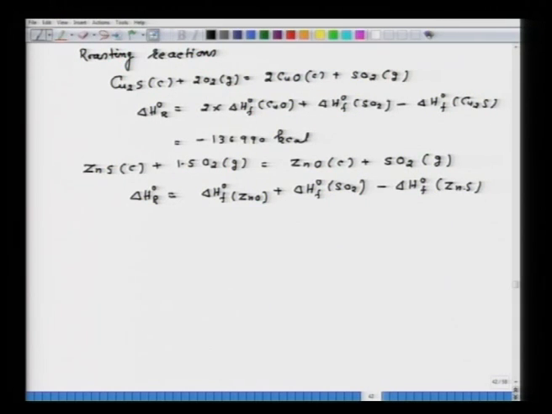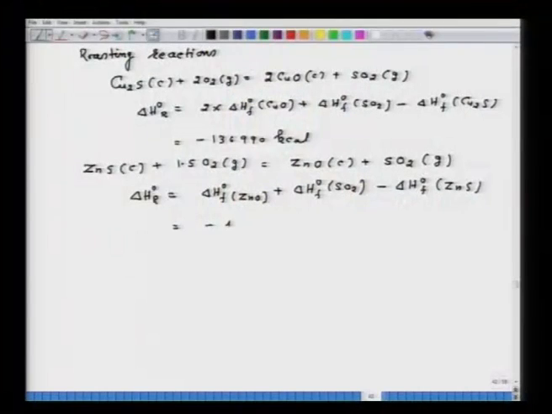Here I have not written delta H naught F for oxygen, because for an element it is equal to 0, so there is no need to write it. If you substitute the values, you will get minus 110,440 kilocalorie. So you note from here that roasting can be an autogenous process.